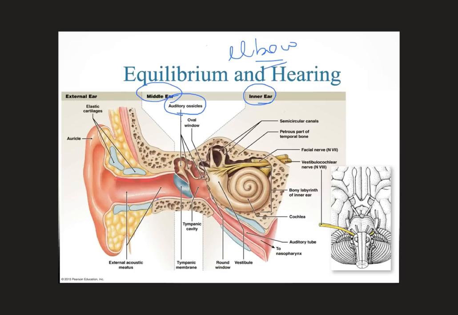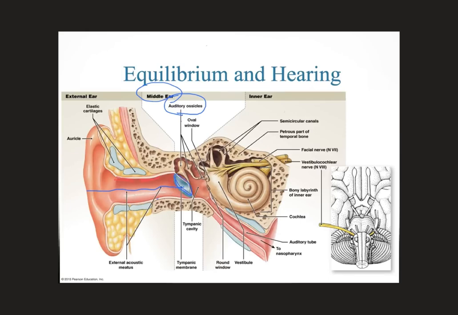Let's talk a little bit about how the sound is going to come into your ear so you can have hearing. And we'll talk more details later on, but you're going to have a sound wave that's going to come in here. It's going to bump into your tympanic membrane.